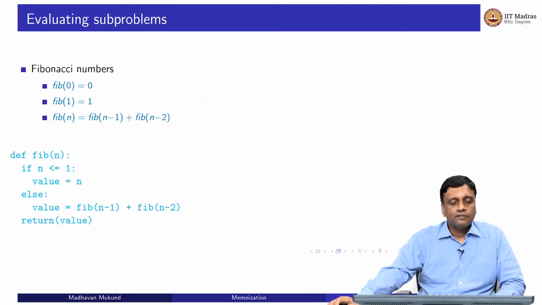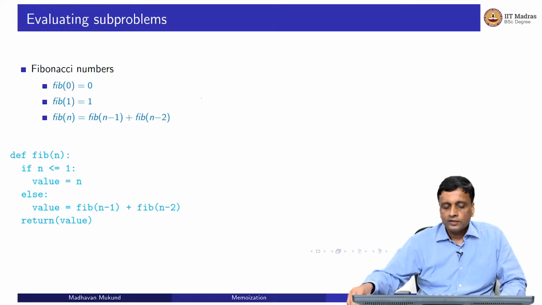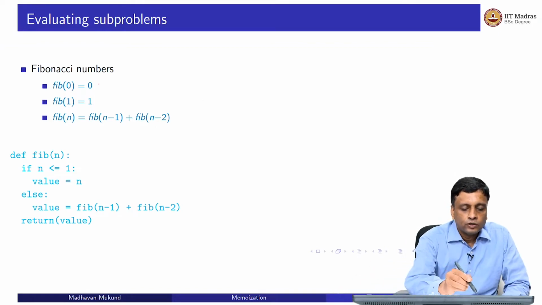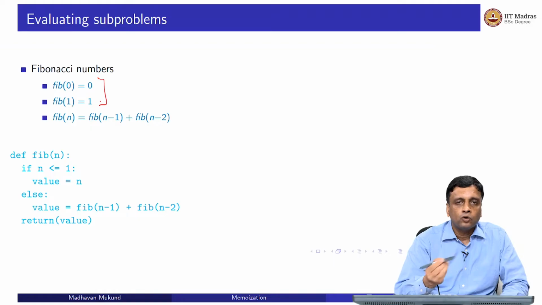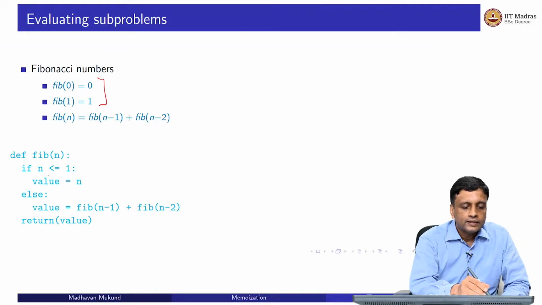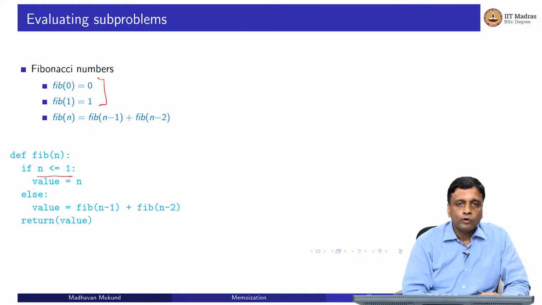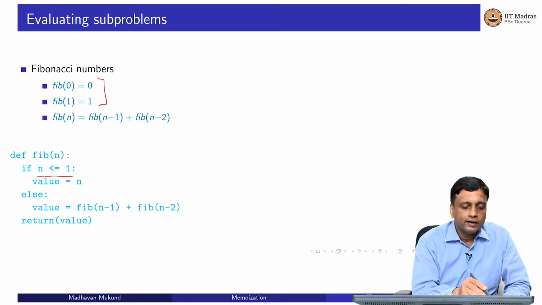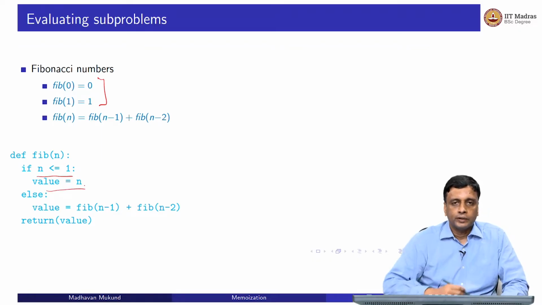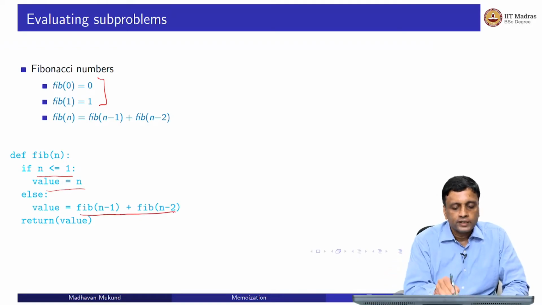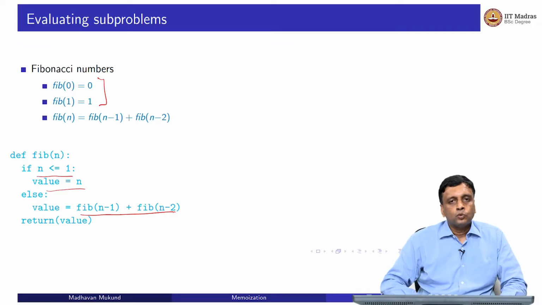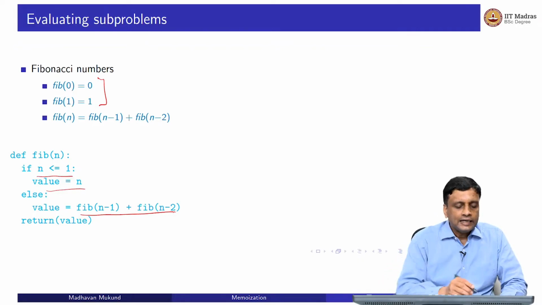This is a very simple code for this. If you have something which is either 0 or 1, then 0 returns 0, 1 returns 1. So if the argument is less than or equal to 1, that is if it's 0 or 1, then the answer you return is the argument. This is just a shortcut for two cases in one. Otherwise, you compute recursively the Fibonacci for the two smaller values, and finally return it.